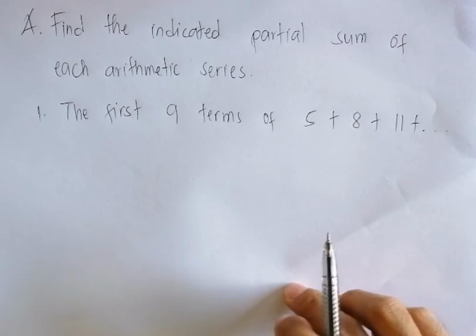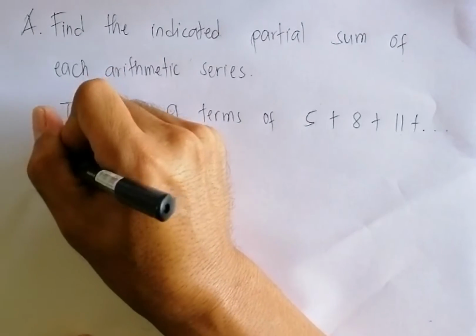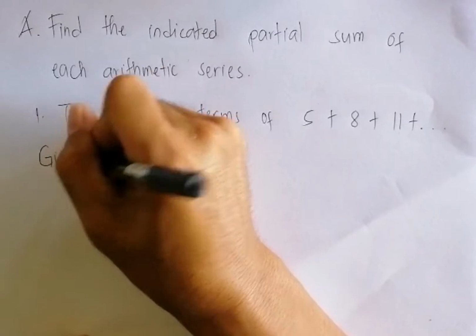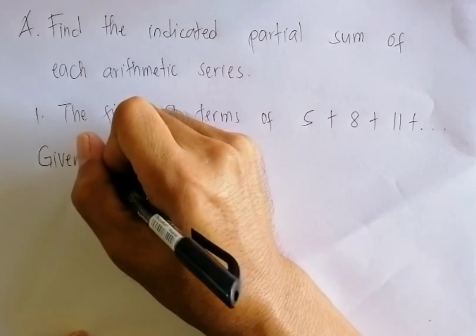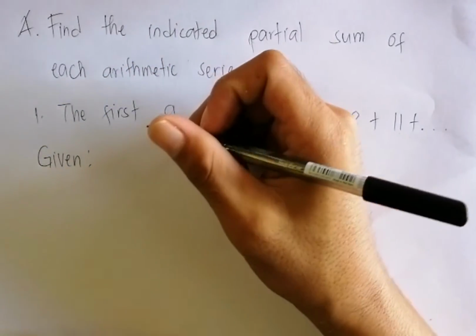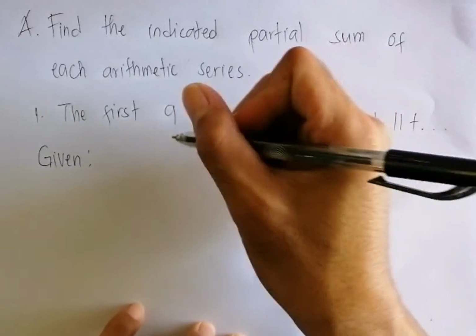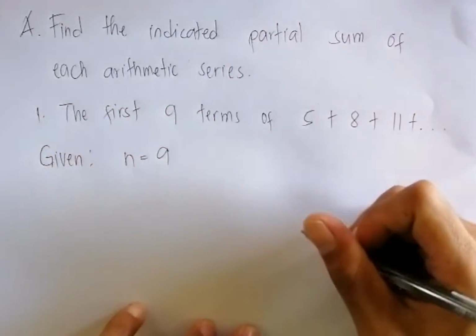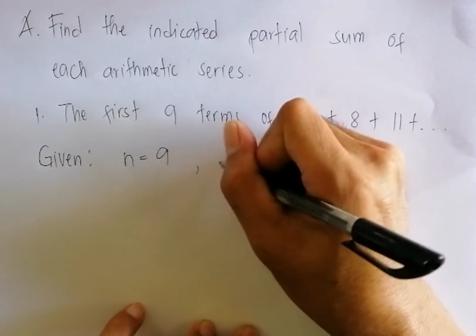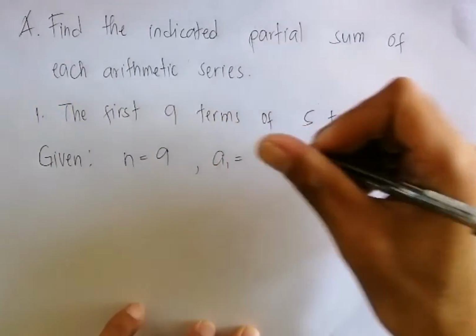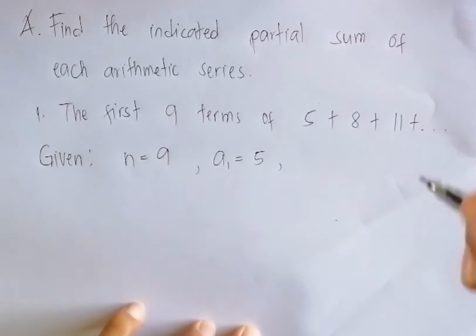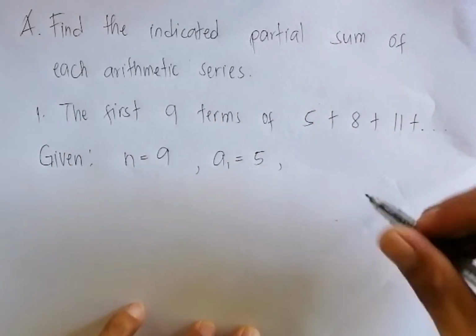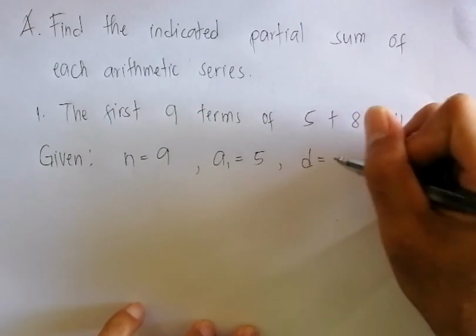The first 9 terms of 5 plus 8 plus 11, so given n is equal to 9. And the first term is 5. To get the common difference, that is 8 minus 5, which is equal to 3.